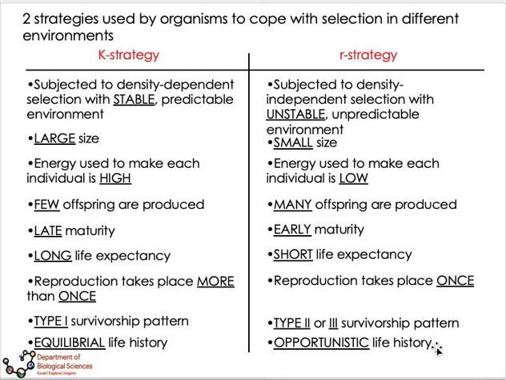For example, nasa mga invertebrates, most likely invertebrates are the best example for R strategy. K strategy naman ay avian, large mammals, like even humans are considered K strategists or organisms belonging to K or developing K strategy.